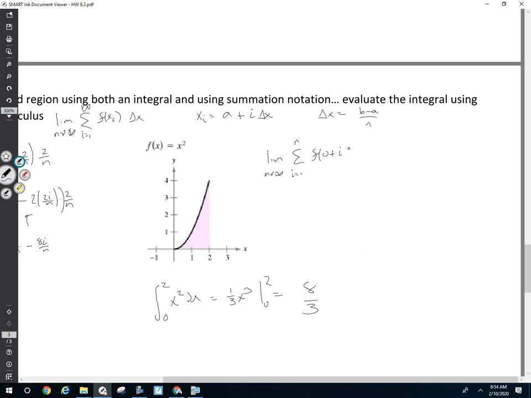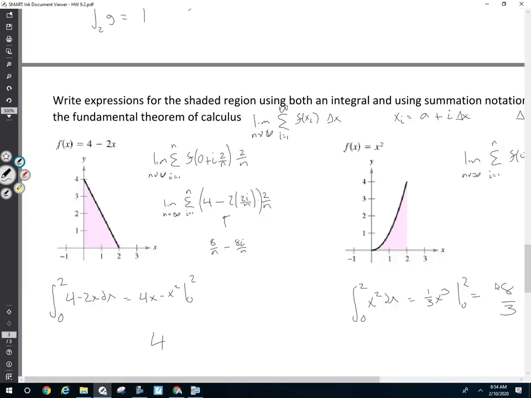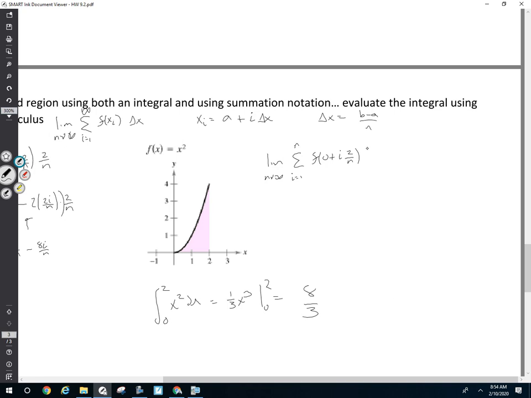Delta x is 2 over n as well, because the width is just from 0 to 2. f of x is x squared, so this turns into limit as n approaches infinity of the sum i starts from 1 goes to n of 2i over n squared times 2 over n. You could simplify this to be 4i squared over n squared, 8i squared over n cubed.